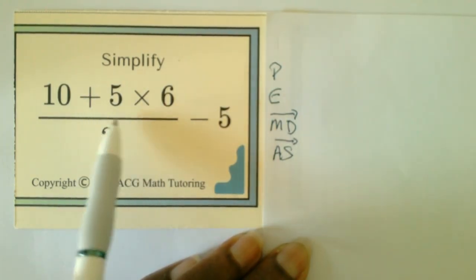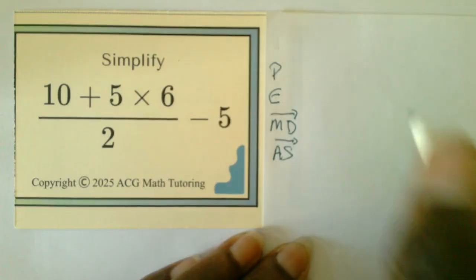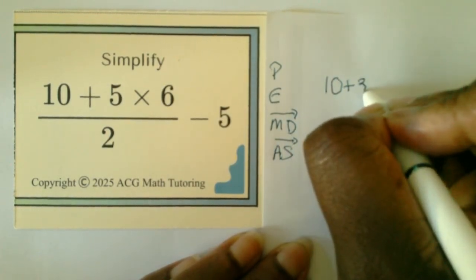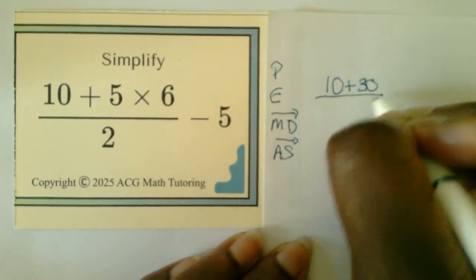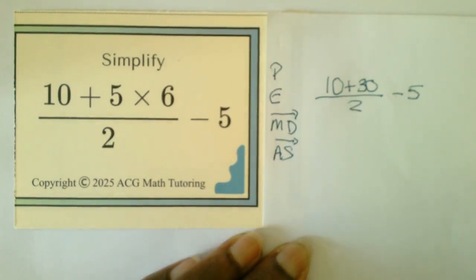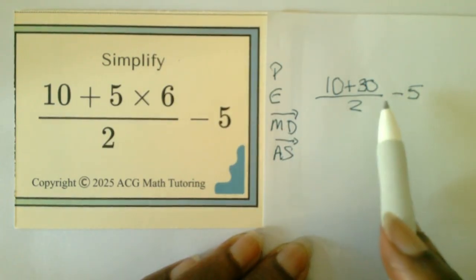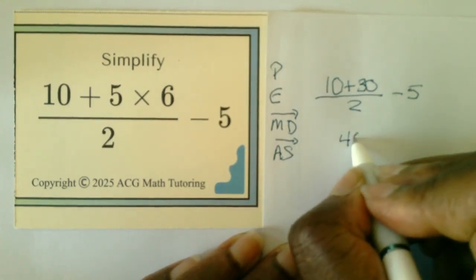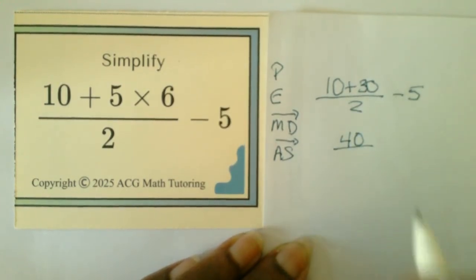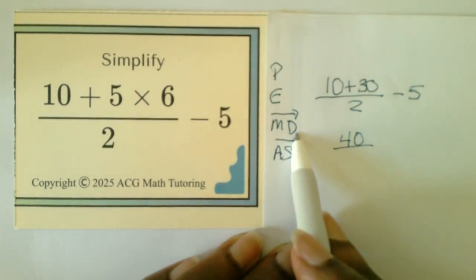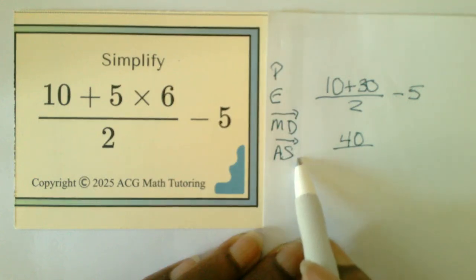I deal with the multiplication. So that means I'm going to have 10 plus 30 over 2 minus 5. Sticking with that numerator, we have our 10 plus 30, which gives us 40. Now, sticking with our rules, multiplying or dividing always comes before addition or subtraction.